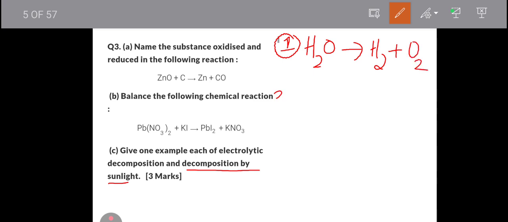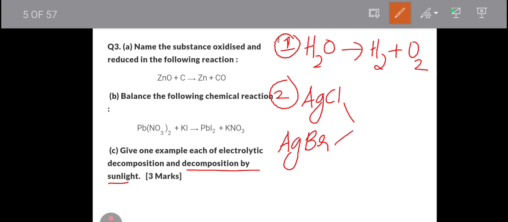So the answer for the second one is decomposition by sunlight. You have two compounds that will be undergoing decomposition, that is silver chloride, AgCl, as well as silver bromide. When both of these compounds are kept in the presence of sunlight, we can see AgCl is white in color whereas AgBr is yellow in color.